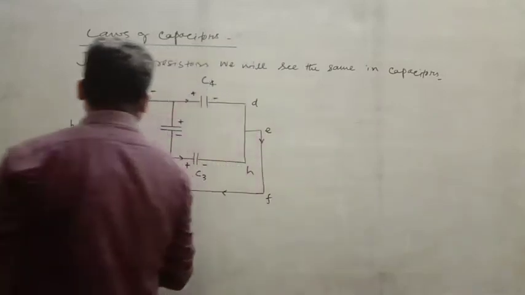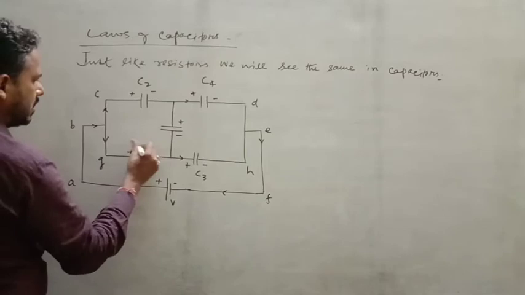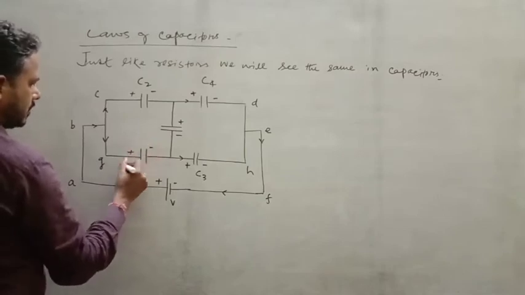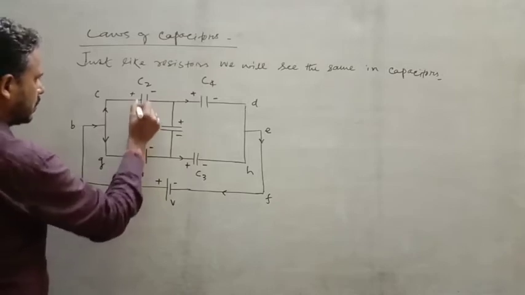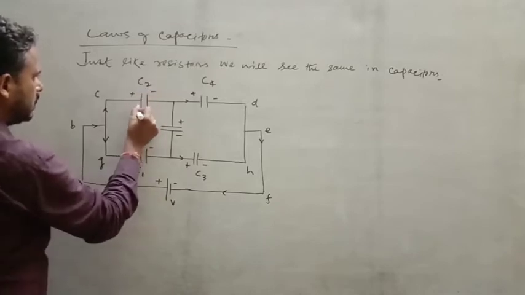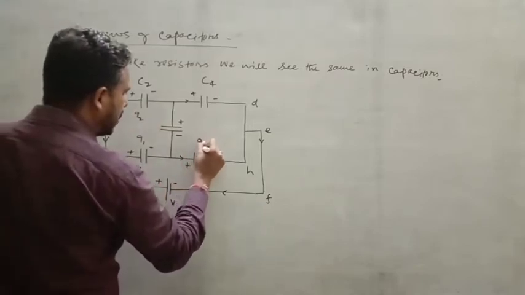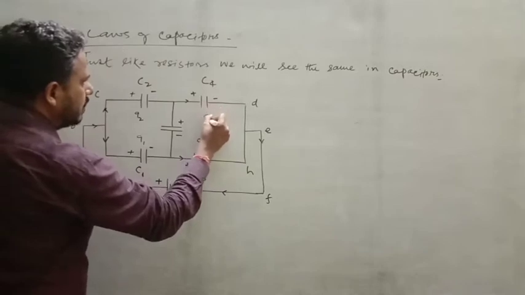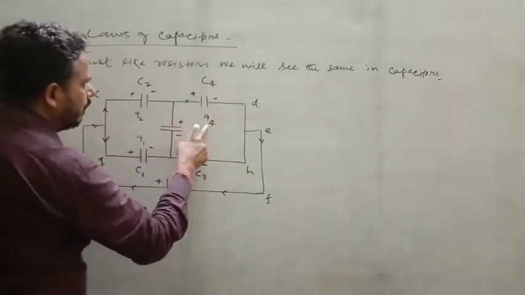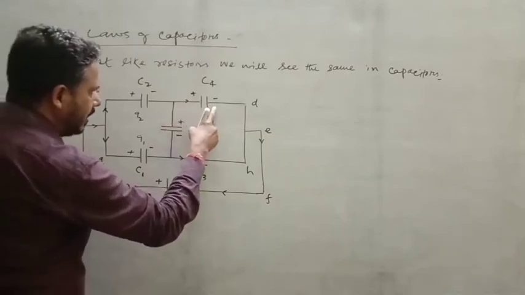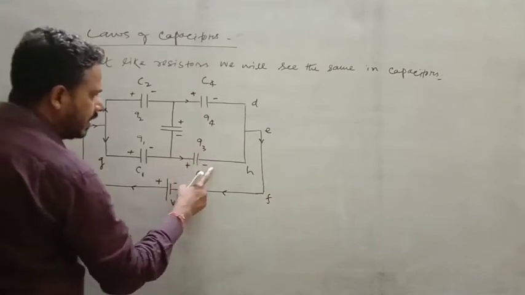Suppose there is Q1 charge here. Because this one is C2, suppose Q2 charge is there, accordingly C3 having Q3 charge and C4 having Q4 charge. For this Q4, this plate is positive and this plate is negative. Accordingly for Q3, this plate is positive and this plate is negative.